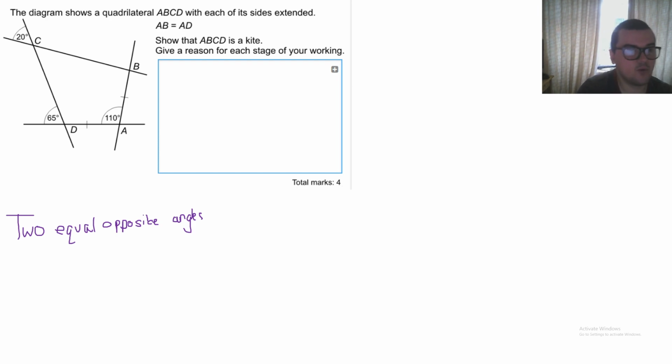Okay, so yes, what we want to say is that these two angles are the same. Two equal opposite angles, here and here. And we know that AB equals BD, so we've got our pair of equal sides that meet.